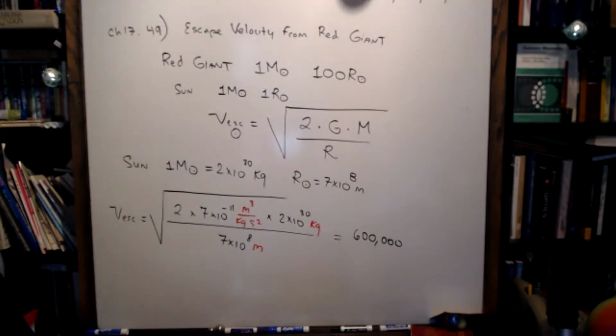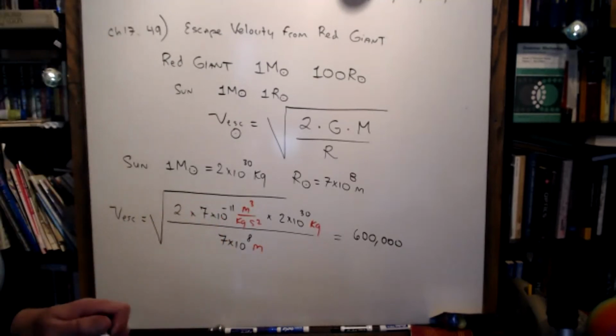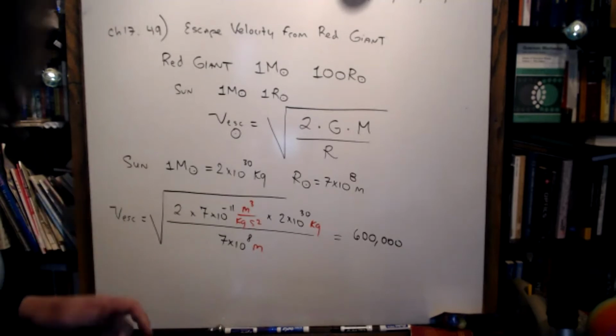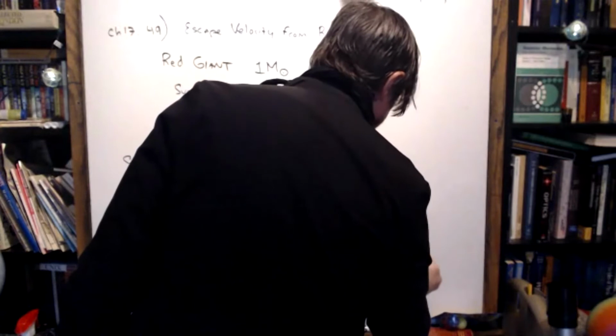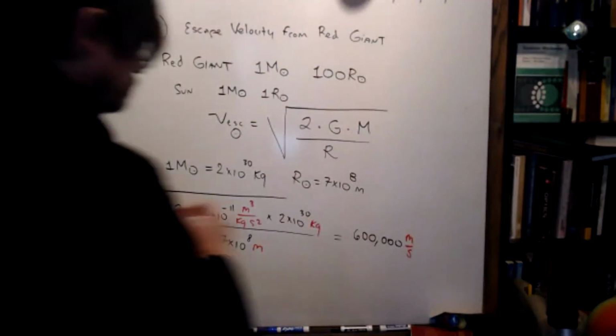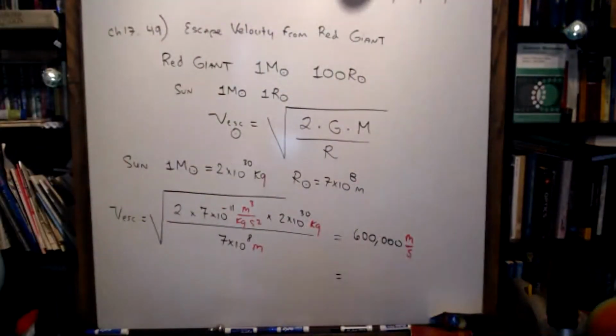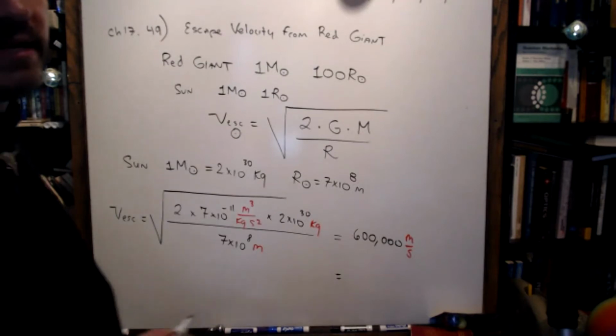Arunsak, you forgot meters per second, right? That's right. Kilograms cancel, 1 meter cancels, and then the square root of meters squared per second squared is meters per second. How many kilometers per second is that? How many meters? 600.